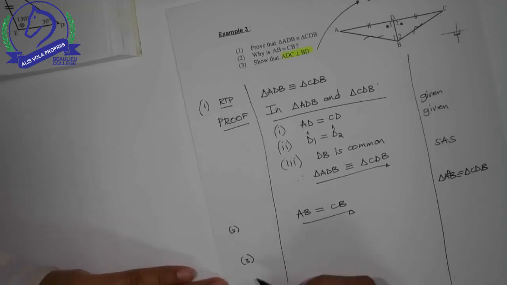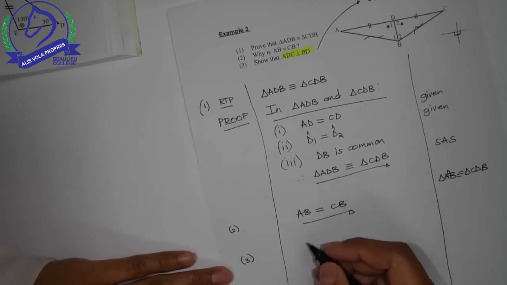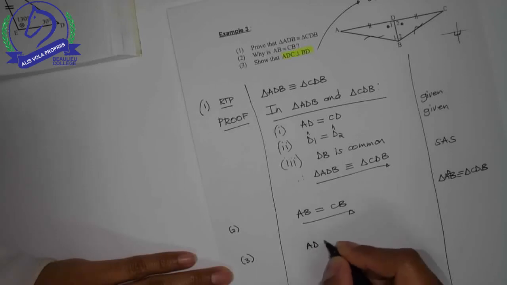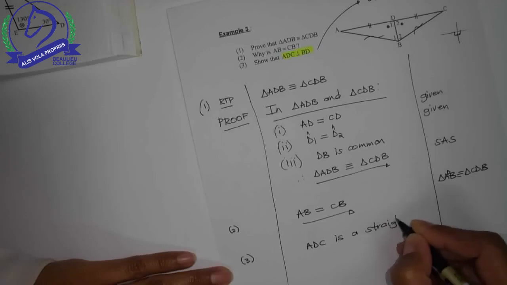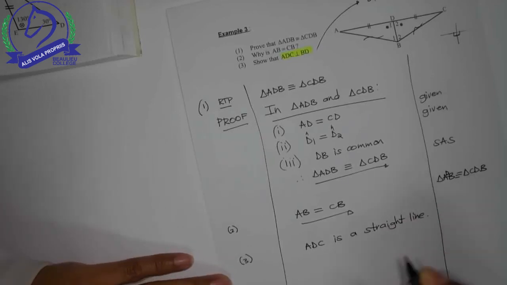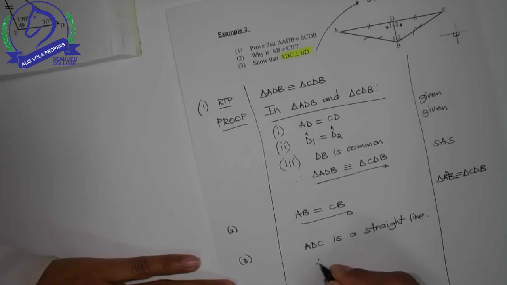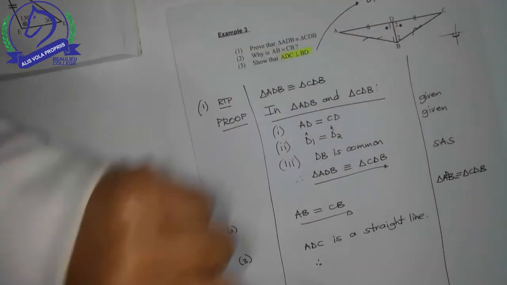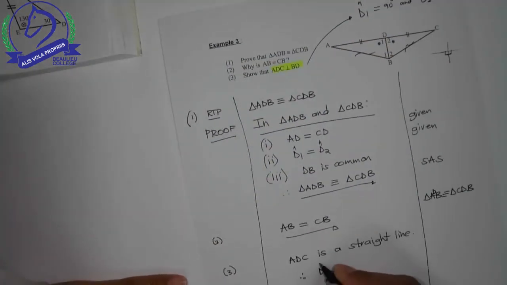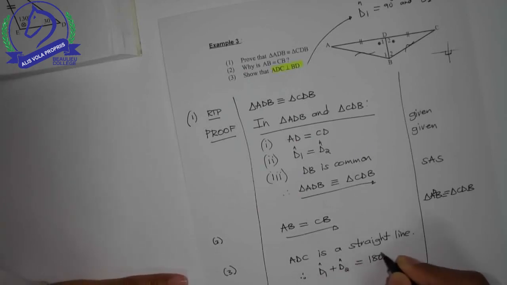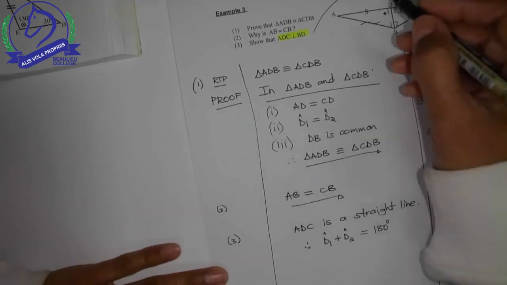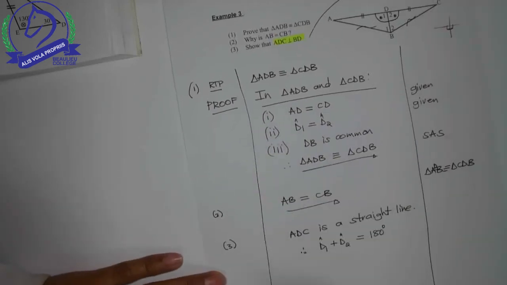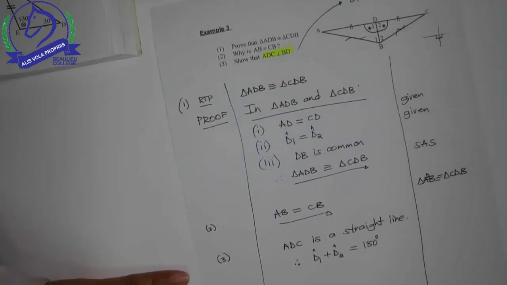Now you've got to use congruency, class. Now, ADC is a straight line. Agreed? What does that mean? There's a straight angle formed at angle D. So D1 plus D2 is equal to 180 degrees, because angles on a straight line add up to 180 degrees. That's a straight angle.